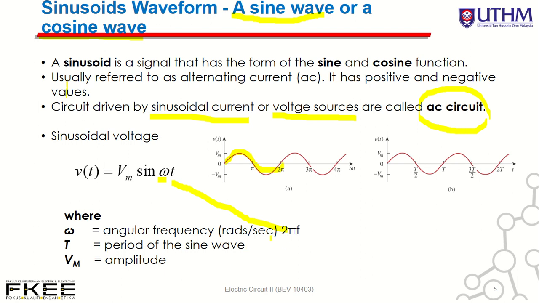Time that required to complete one complete cycle, we call it period. And then Vm equal to amplitude of the waveform. Okay, this point is the amplitude of the waveform. Okay, basically this is the sinusoid waveform. This is the example of the sinusoidal voltage.